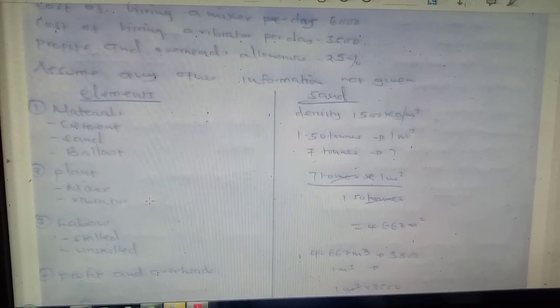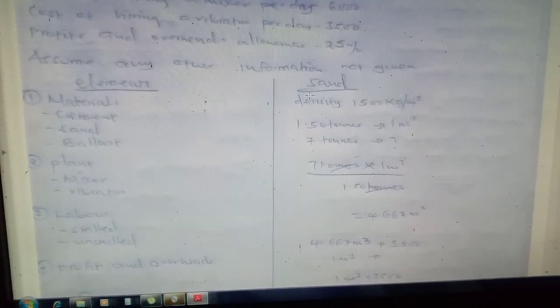So 1.5 tons is equal to 1 meter cube. We've been given the cost of sand per lorry, and that lorry will be 7 tons. So 7 tons will be how many? You calculate it.